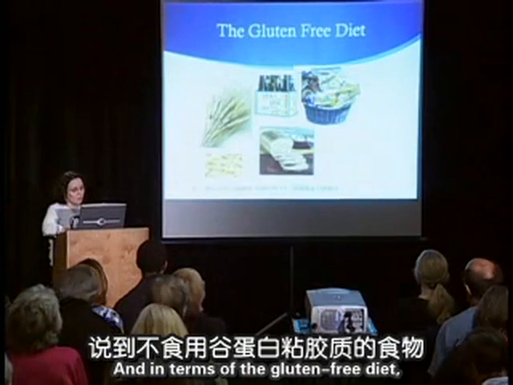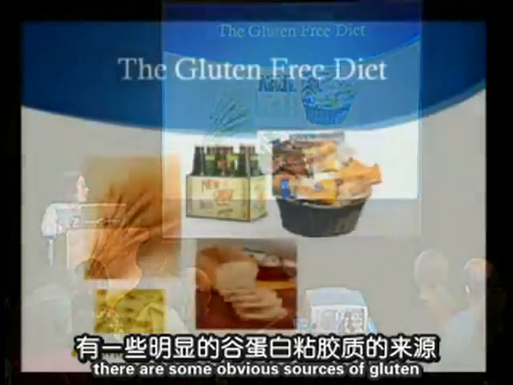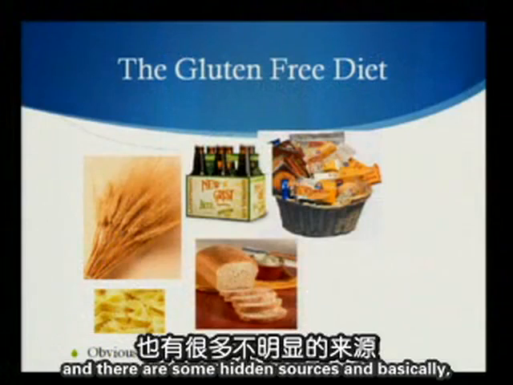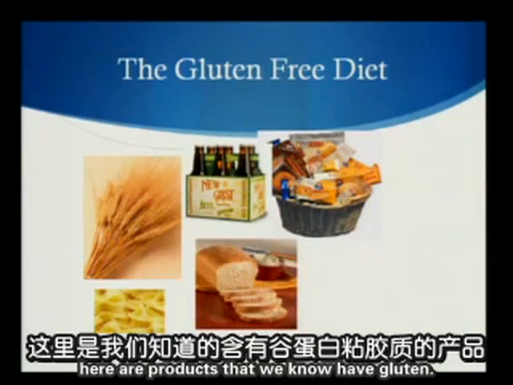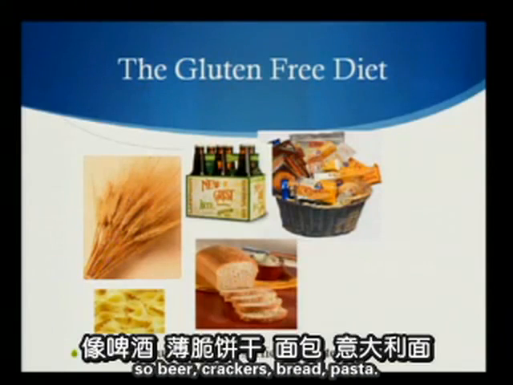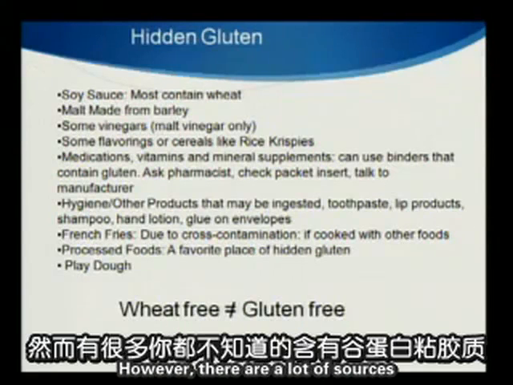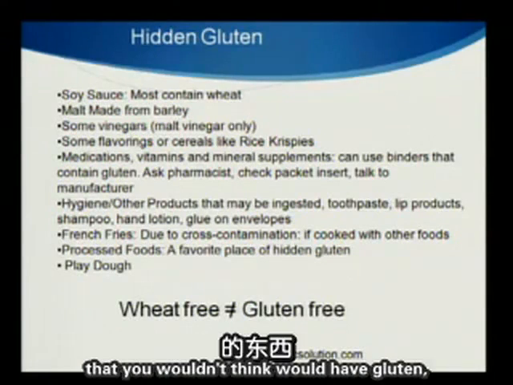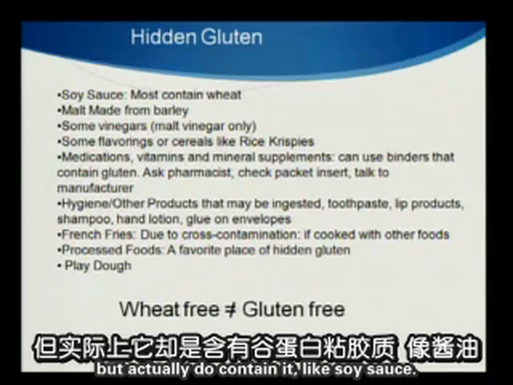In terms of the gluten-free diet, there are some obvious sources of gluten, and there are some hidden sources. Here are products that we know have gluten. These are wheat-based products, so beer, crackers, bread, pasta. However, there are a lot of sources that you wouldn't think would have gluten, but actually do contain it, like soy sauce.